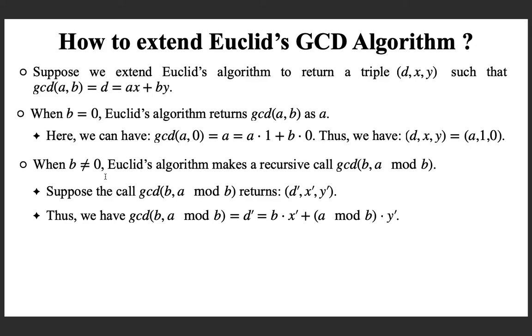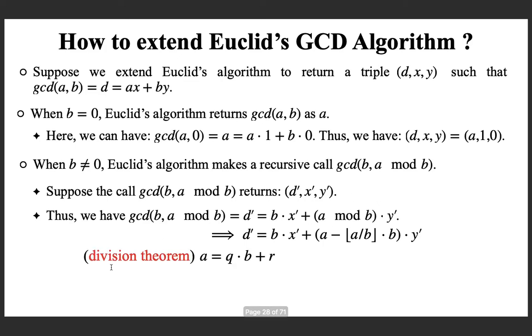when b is non-zero. We can rearrange this equation and find it. So here what I did is, I have substituted a value for a mod b using the division theorem. Recall that from the division theorem, for any integers a and b, you can have this equation.